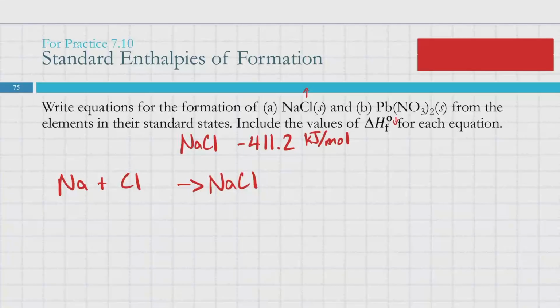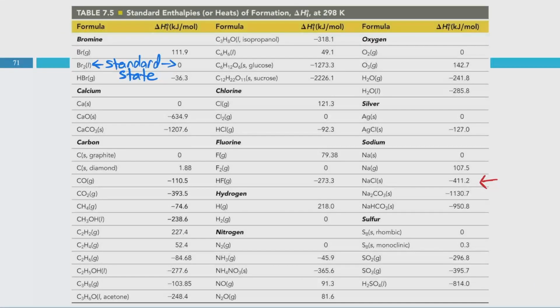We need to use them in their standard state forms. So I'm going to jump us back to the table that hopefully has these in there. So sodium and chlorine. We've got sodium as a solid. This is the one that's got the 0, so sodium as a solid is going to be our form for sodium.